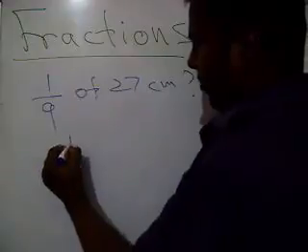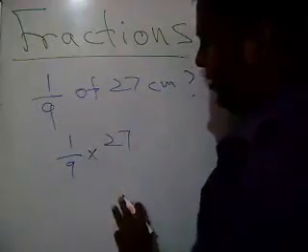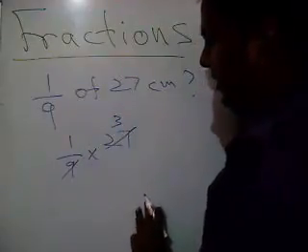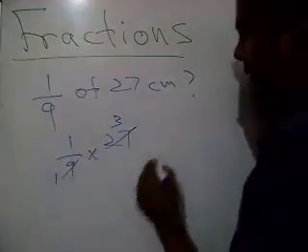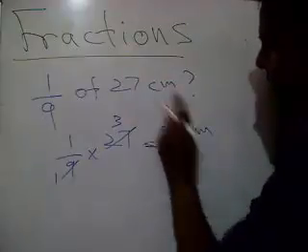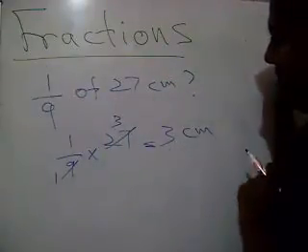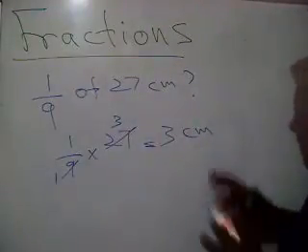So 1/9 of 27. 9 times 3 is 27, so we have 1 here. 3 into 1 is 3. So 3 centimeters. 1/9 of 27 centimeters is 3 centimeters. This is how you calculate of.